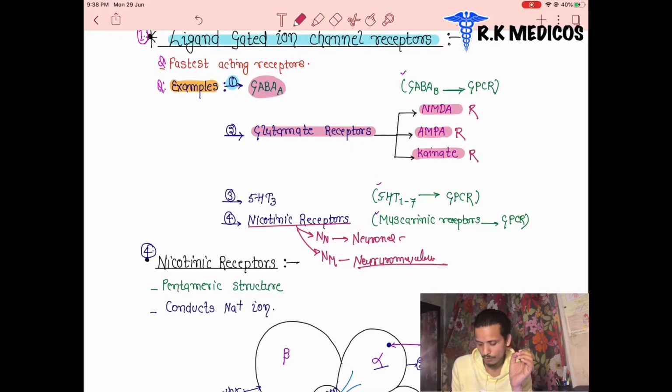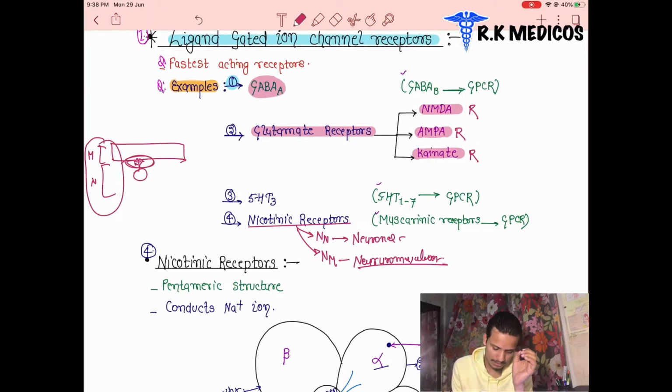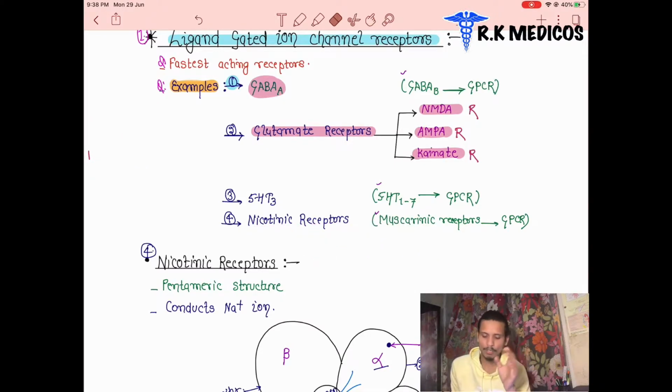What is the neuromuscular junction? Hope you know. Suppose that this is the muscle and this is the neuron. The neuron's terminal is connected with the muscle, and the region where muscle and neuron are joined together is called the neuromuscular junction, in simple way. What are the 2 types of nicotinic receptor?